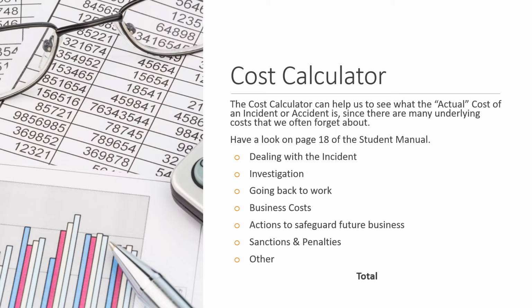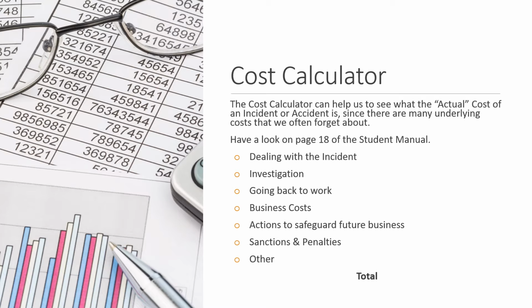Now we get down to the rest of the actual cost of an incident. We now need to investigate that incident. There is a time to investigate and report, as well as a cost associated with that. Time to spend in meetings to discuss the incident. The time it takes to spend with other health and safety professionals or the SAP, as well as any consultant fees that need to be paid.